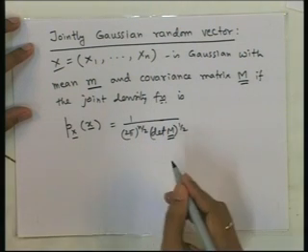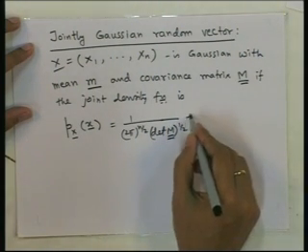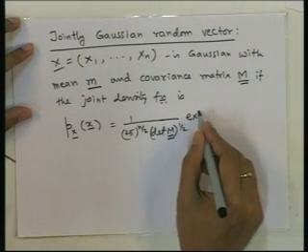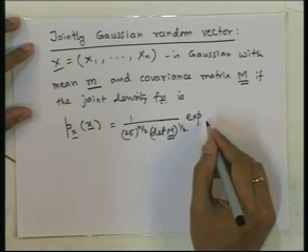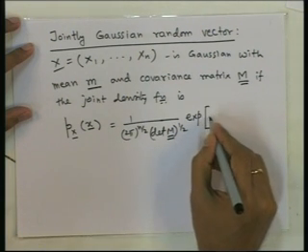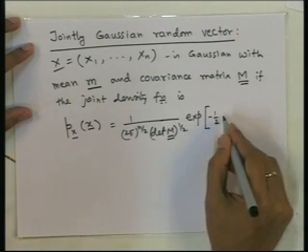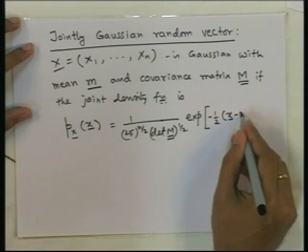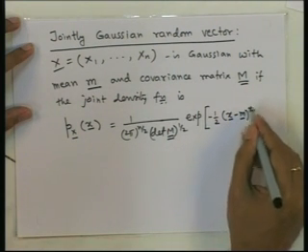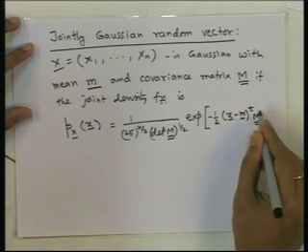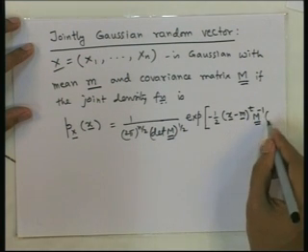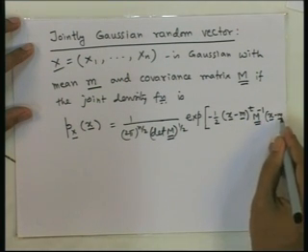So, this is the covariance matrix, and e power exponential of minus half x minus m transpose, matrix M inverse, and then x minus m.